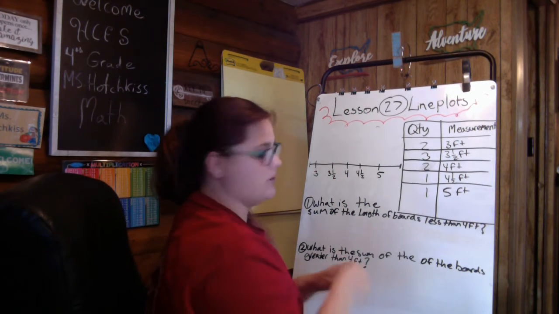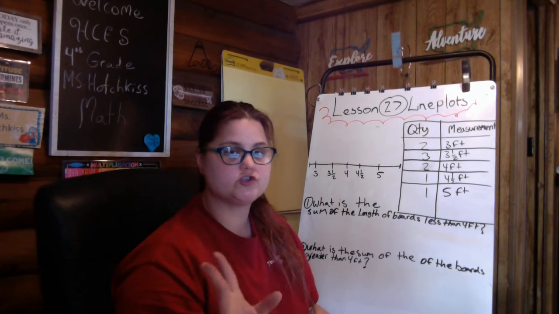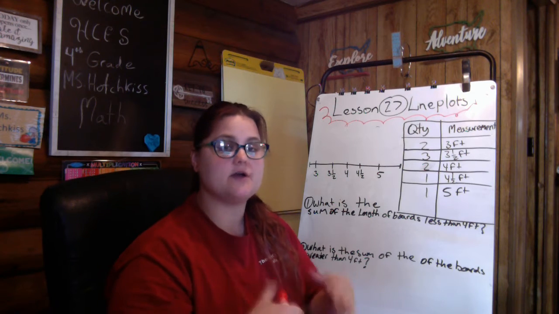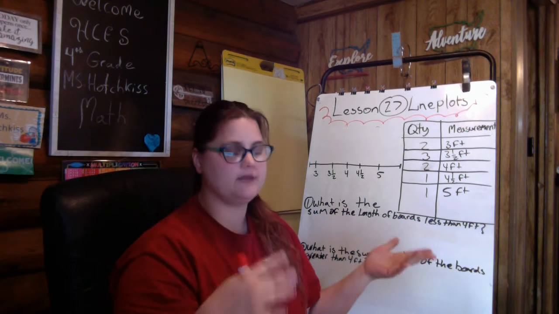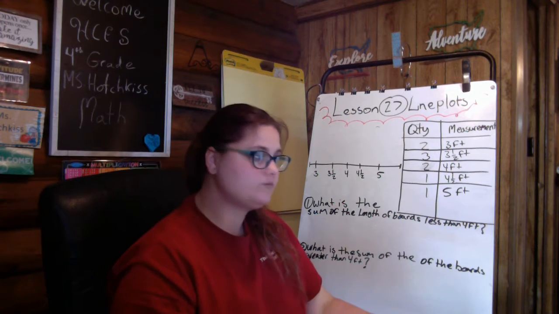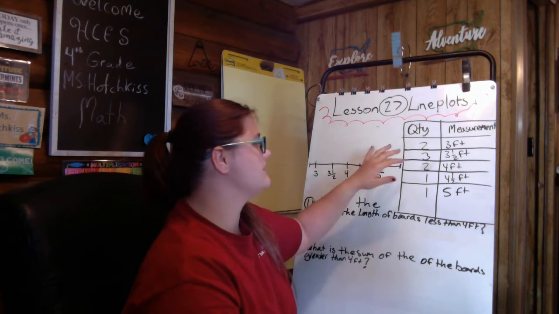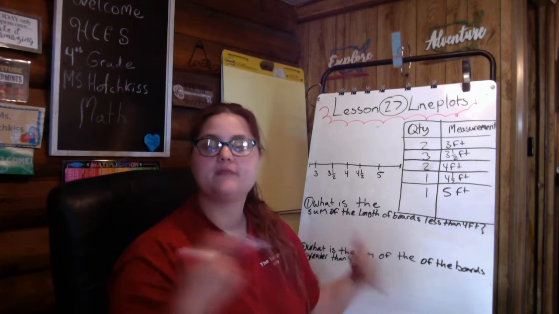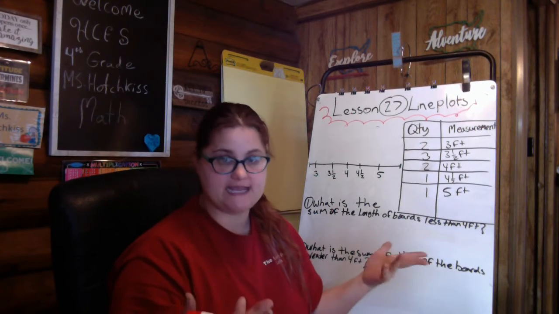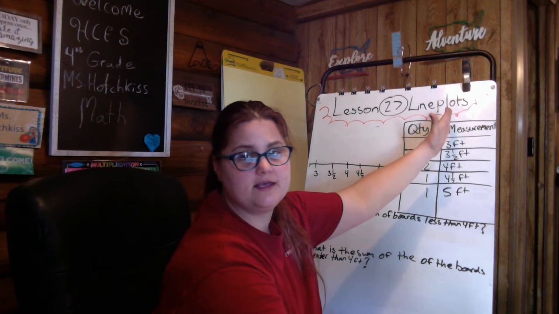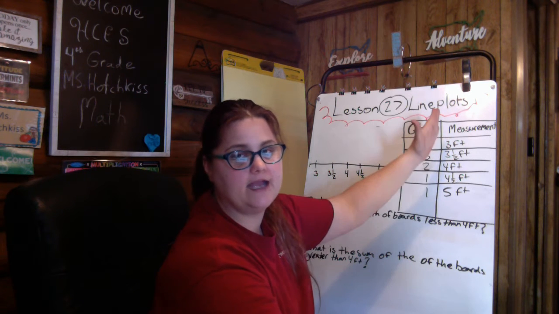When we're constructing our line plot, we don't have to start at 0 like you would normally have to do for a number line. You will start at the smallest value in your data. This is the data right here that we're going to look at.